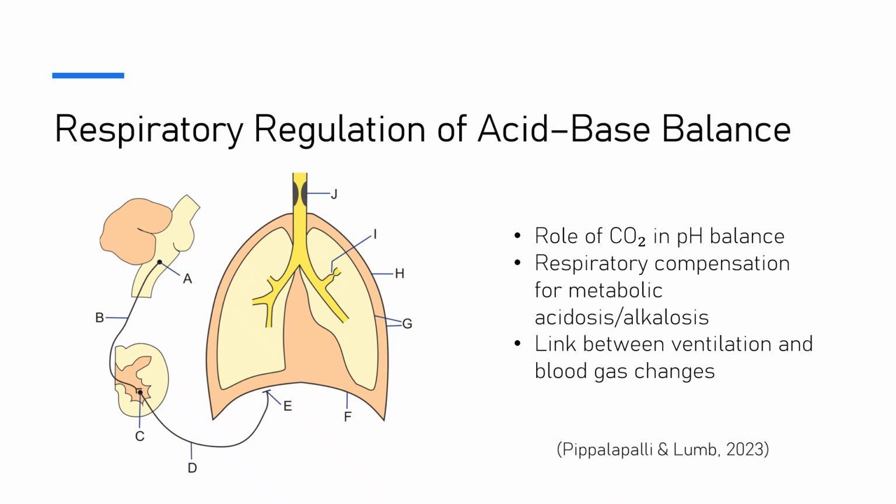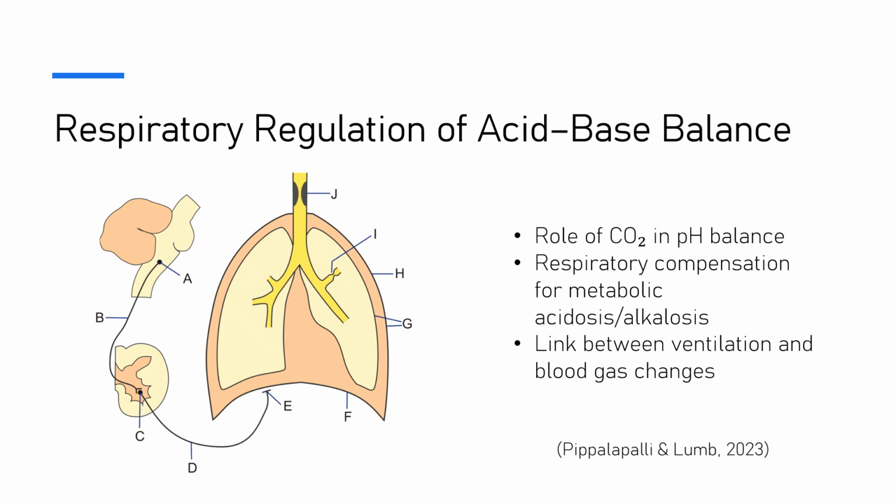A decrease in ventilation causes carbon dioxide to build up, which raises hydrogen ions and lowers pH. On the other hand, as ventilation increases, carbon dioxide is expelled, hydrogen ions fall, and pH increases.